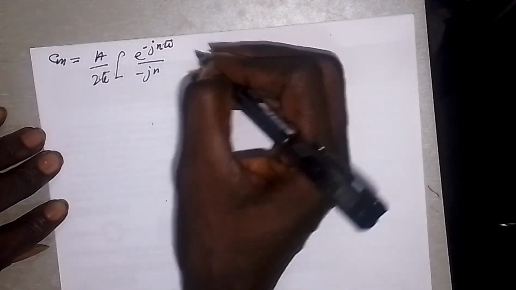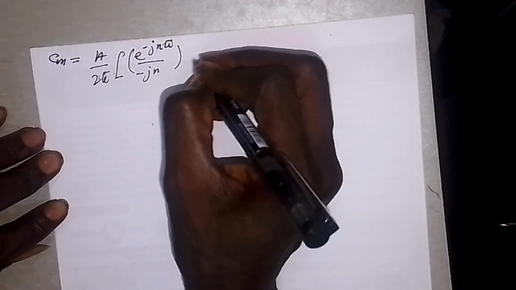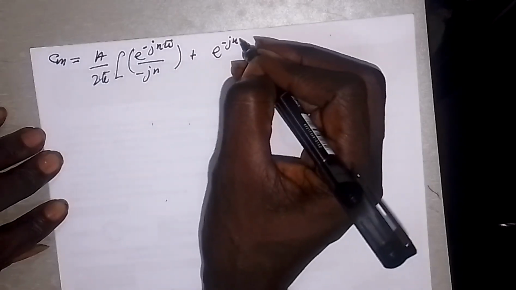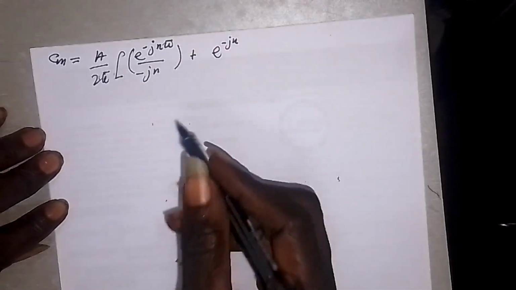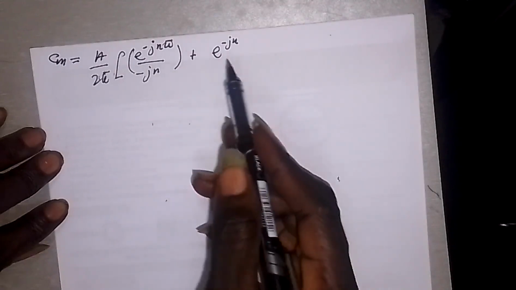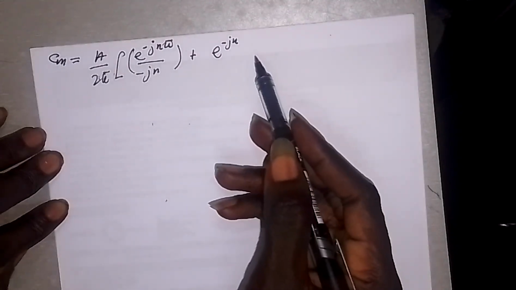So Cm equals A over 2 pi into e to the minus jn. Whenever I see t, I'll put pi there, so e to the minus jn pi over minus jn, plus e to the minus jn. You put in the upper limit and then the lower limit.